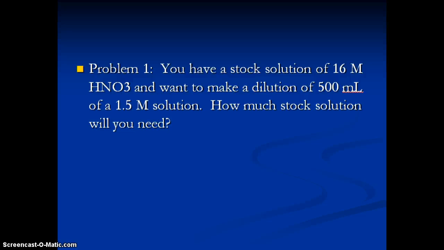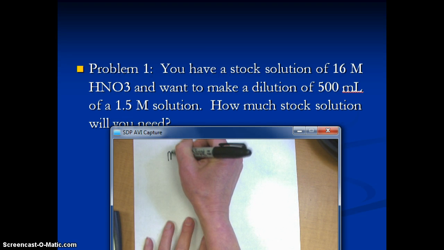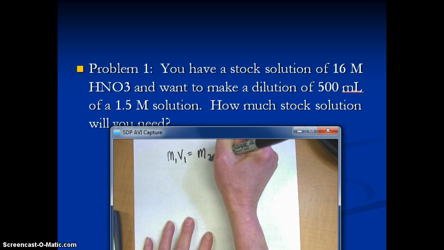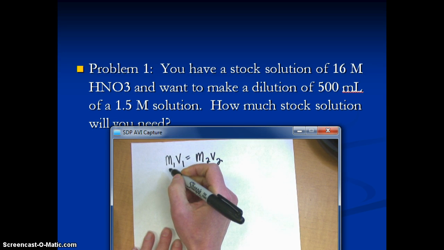So suppose you have a stock solution of 16 molar nitric acid, and you want to make a dilution of 500 milliliters of a 1.5 molar solution. So you want to really dilute it so you can work with it. 16 molar is toxic. How much stock solution would you need? So we would start off M1 times V1 equals M2 times V2, and you can write down the given.